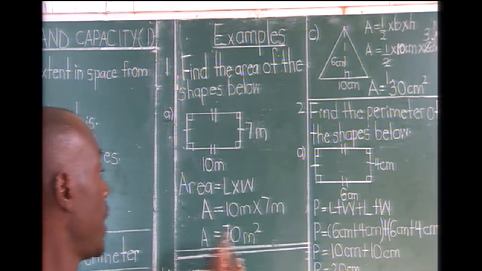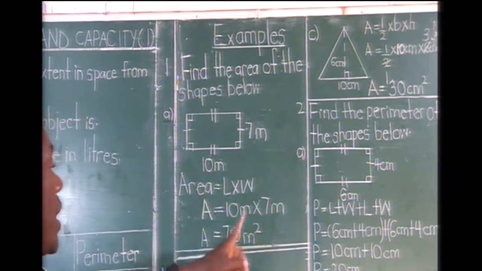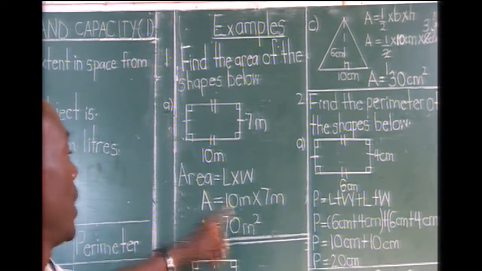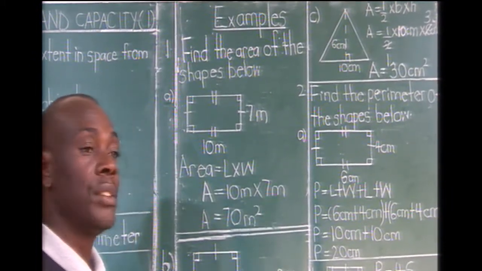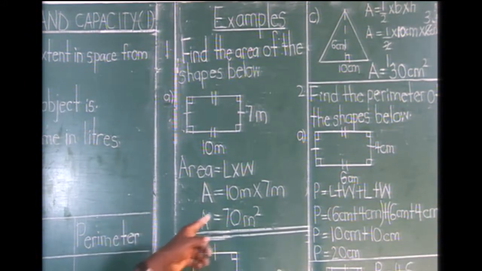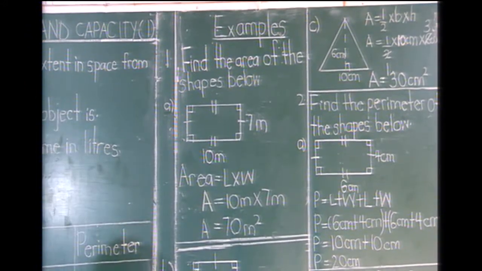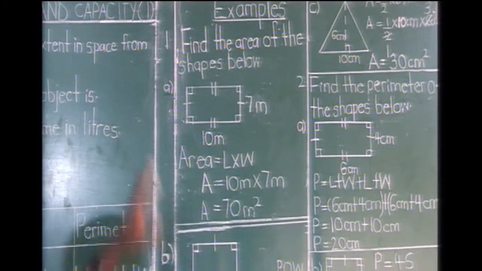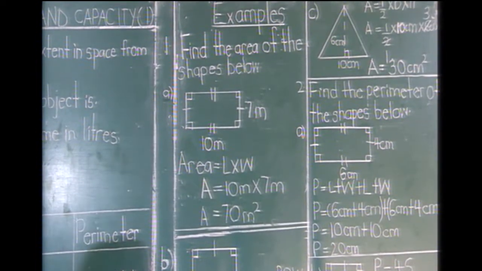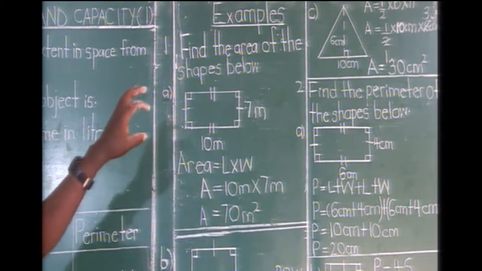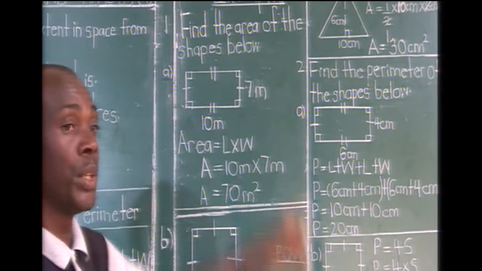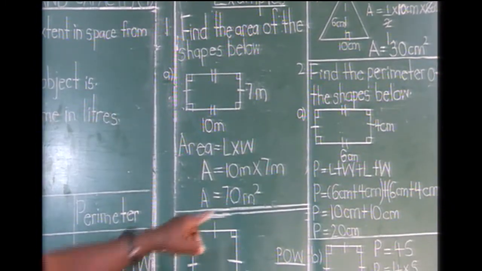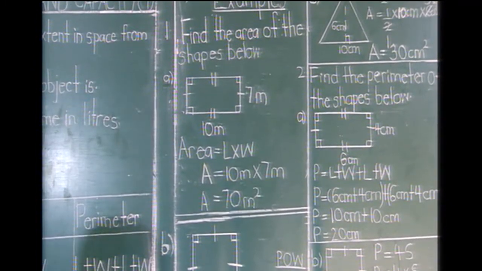You must multiply 10 by 7 as well as meter by meter, where 10 times 7 gets 70, and meter by meter you get meter squared. So area equals 70 meters squared. In so doing, you have answered and have learned how to answer the area of any given rectangle, given length and width, and you actually put the square.